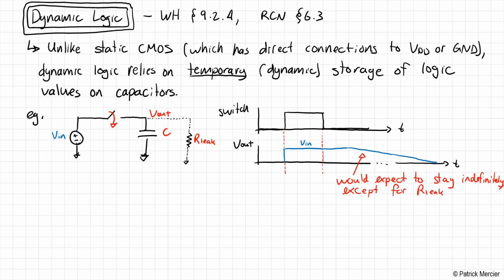Because our leak is there, it is going to eventually discharge this voltage all the way to zero if our leak is indeed connected to zero. So this turns out to be one of the biggest challenges in dynamic logic, that the logic values are only valid at certain instances in time. And when we're designing our digital system, we have to be aware of when these instances in time are in order to design these circuits correctly.